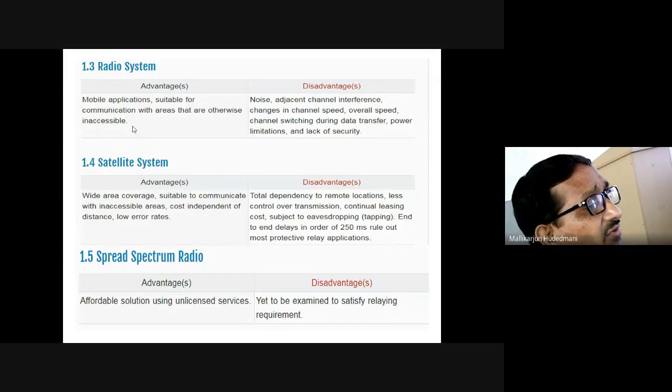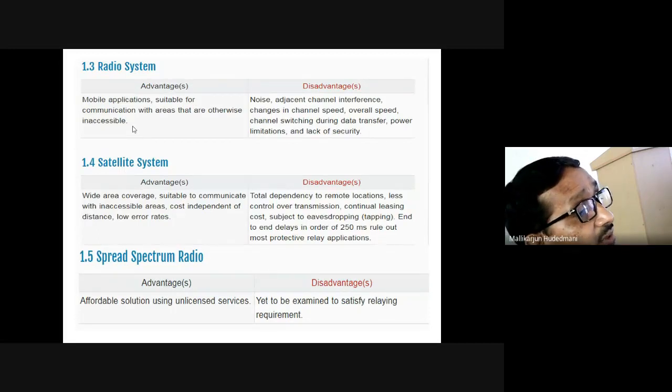There could be interference of noise, adjacent channel interference, changes in channel speed, and overall performance could also get affected, and switching during the data transfer would cause a problem, and power is a limitation.